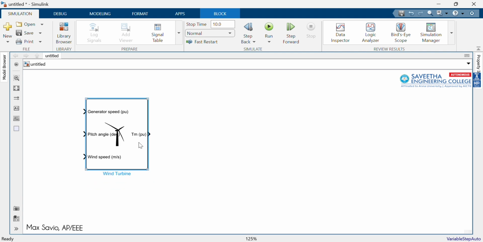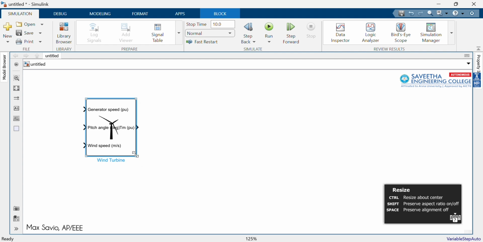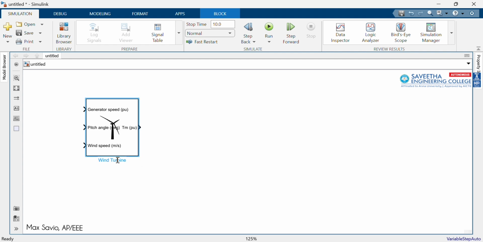That torque will be required for us to drive the generator. This wind turbine is the model of how the torque is developed. That is, it converts kinetic energy to mechanical energy in the form of torque. Your kinetic energy, especially the wind speed, is an input to this, and then it gives back the mechanical output as a rotation in the form of torque. So this is the wind turbine.